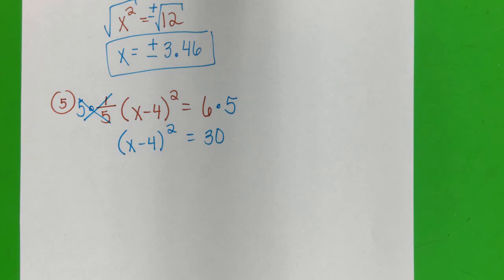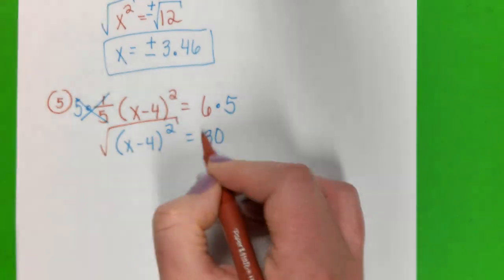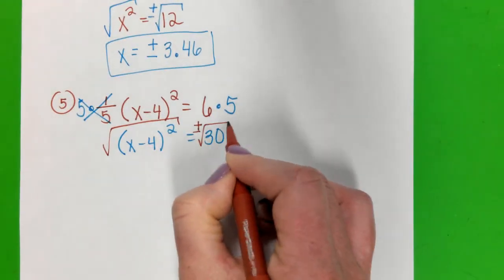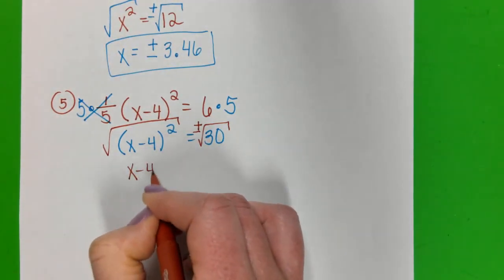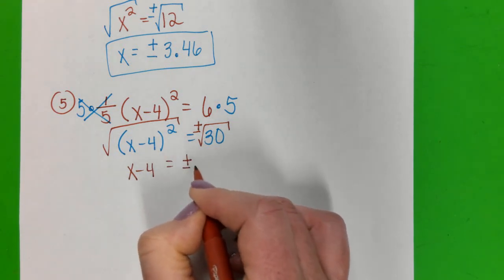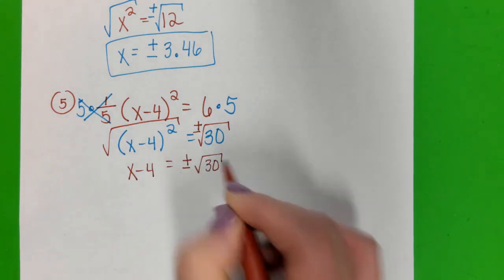Remember, if it's not a perfect square, wait to take the square root of it until you know what you are going to be adding or subtracting. Your next step should have been to take the square root.